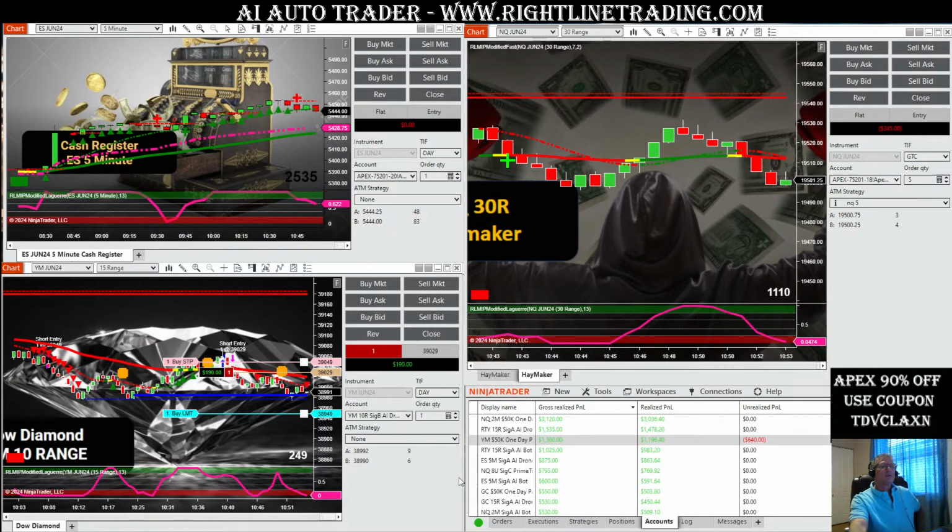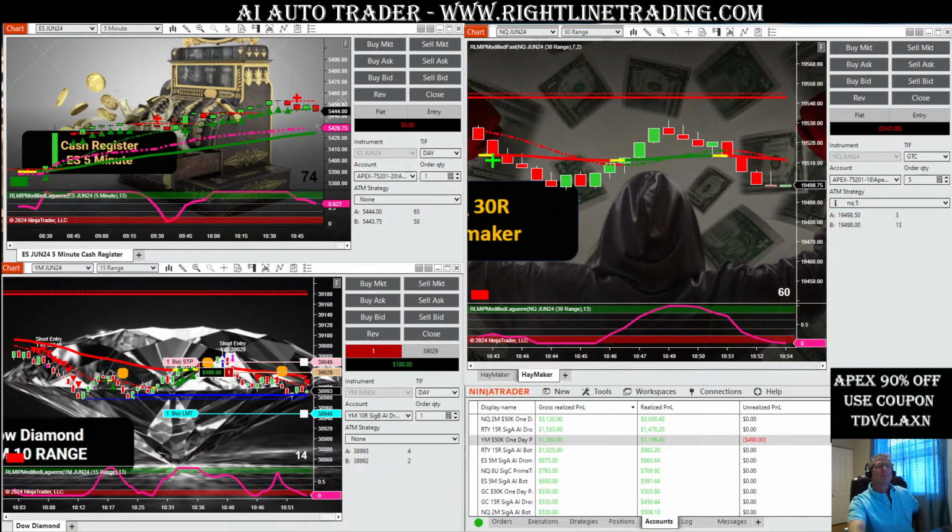I think this thing is going to roll down to the downside here. Got that doji. This thing looks like it's going to drop like a rock right now.